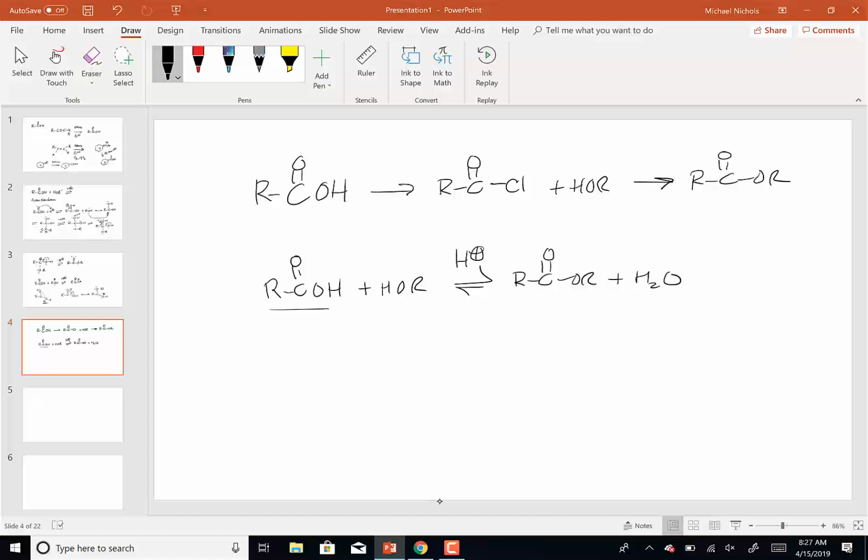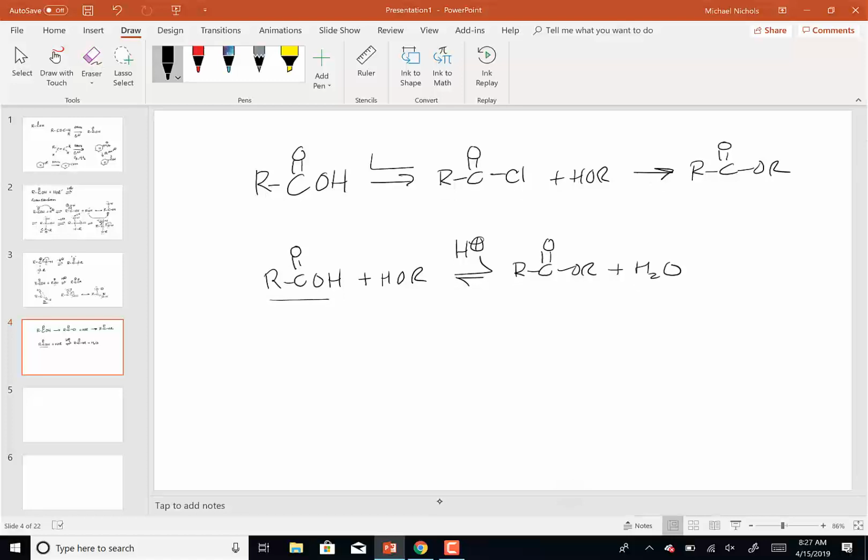The only thing I need to know is, how do I convert the carboxylic acid to the acid chloride? So I need to know what reagent goes here. Katie?